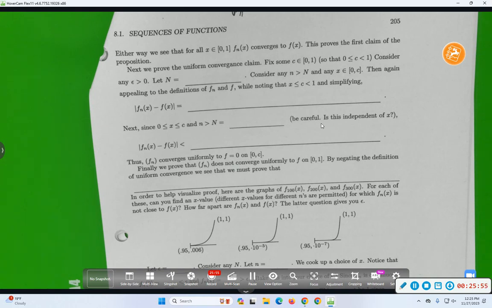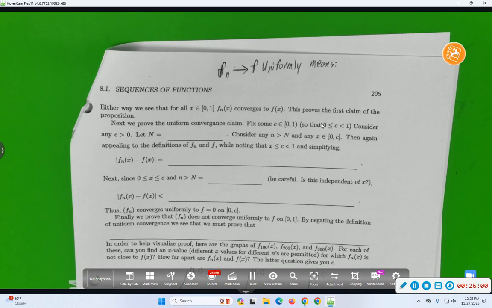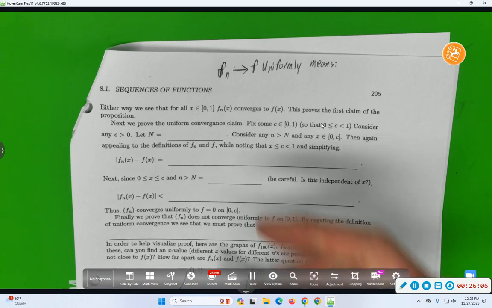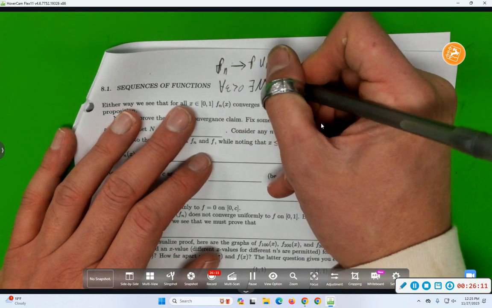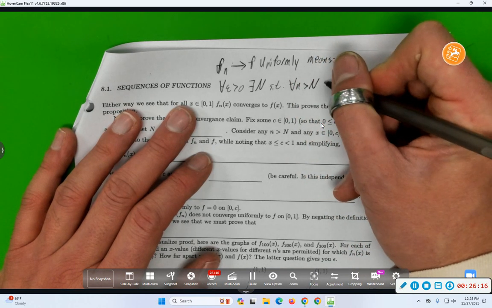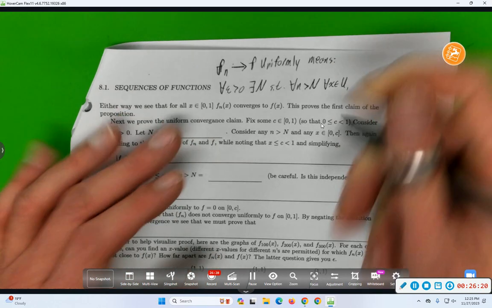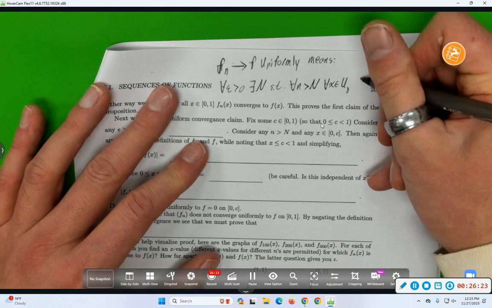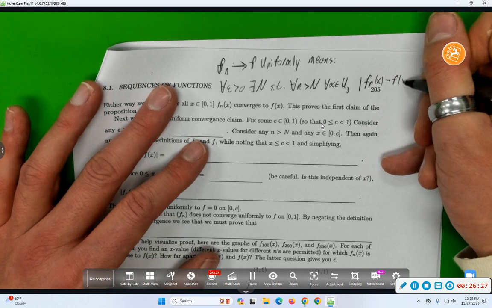Yeah, I just read that. And now I want you to tell me what that means. For every epsilon greater than 0, there's a big N such that for all n greater than N, and for all x in U, the value of f sub n of x minus f of x is less than epsilon.